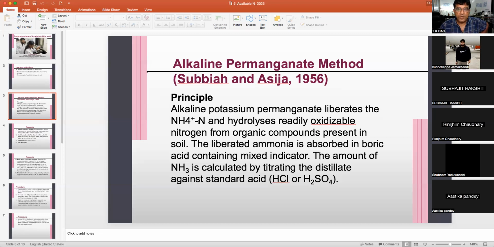The liberated ammonia is absorbed in boric acid containing mixed indicator. The principle remains the same as in the case of total nitrogen. The amount of ammonia is calculated by titrating the distillate against standard acid. We can use sulfuric acid. We can also use hydrochloric acid. Any of these can be used.